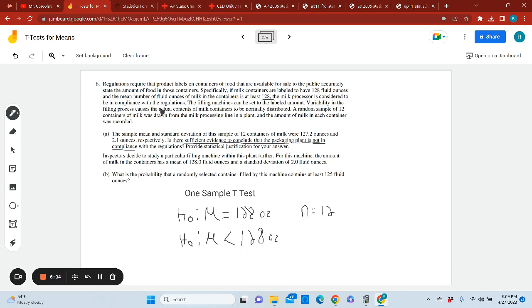Variability in the filling process causes the actual contents of the milk containers to be normally distributed. So they're telling us the population is normally distributed. Okay, so we don't have to worry about our sample size in this case, right? Central limit theorem is really useful for us when we're not sure what the population looks like, or if we know that the population is not normally distributed.